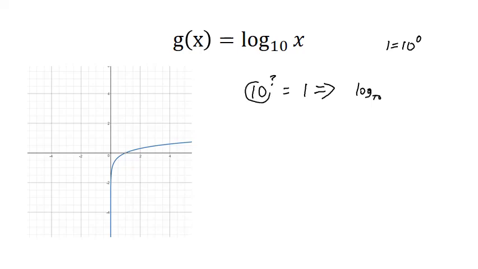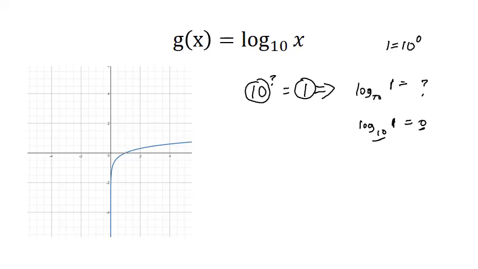Notice that our base here is 10, of 1 equals what number? So we know that log base 10 of 1 equals 0, because again, 10 to the 0 power is 1. And remember, logs are powers.